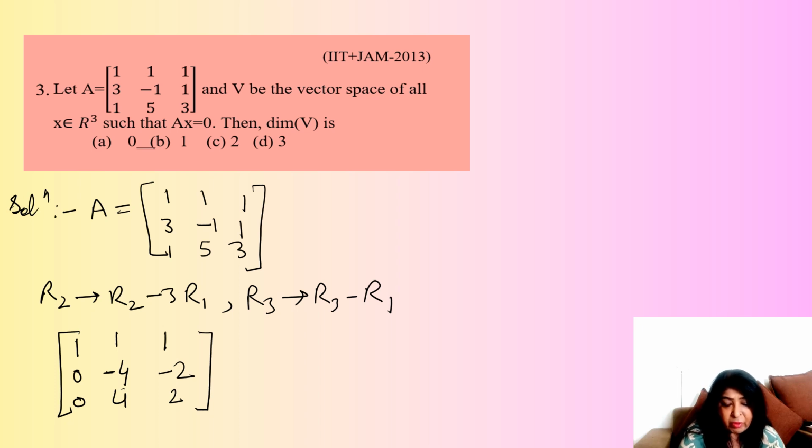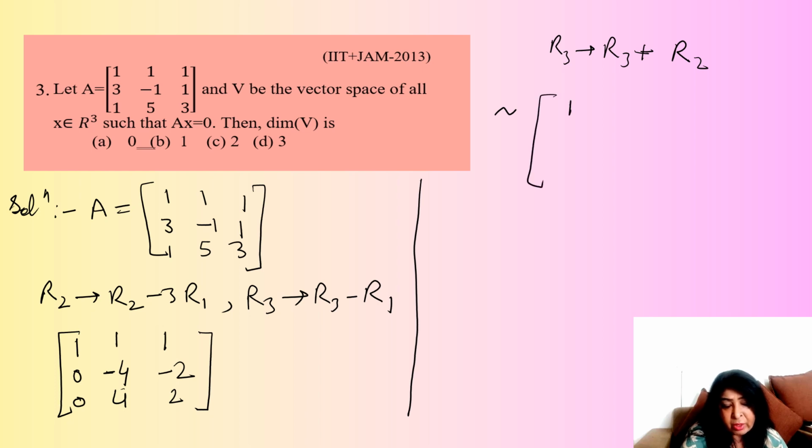Now what will we do? Apply R3 plus R2. So what will we get? We will get 1, 1, 1, 0, minus 4, minus 2, 0, 0, 0.